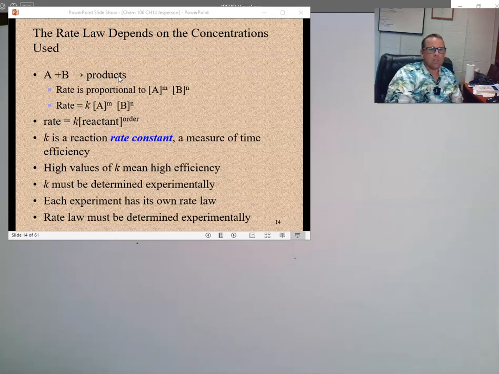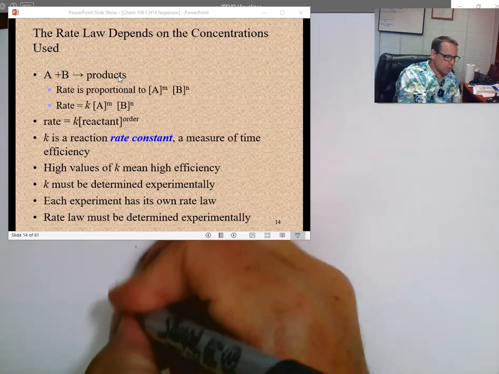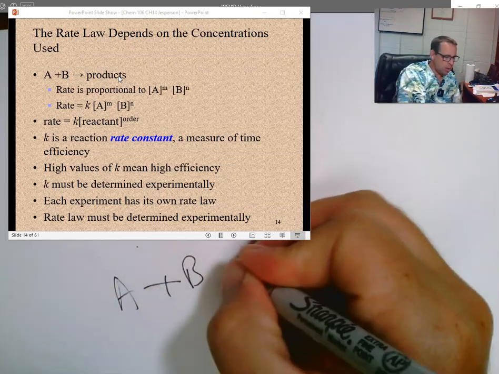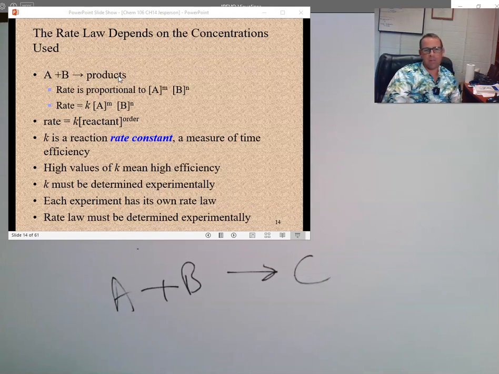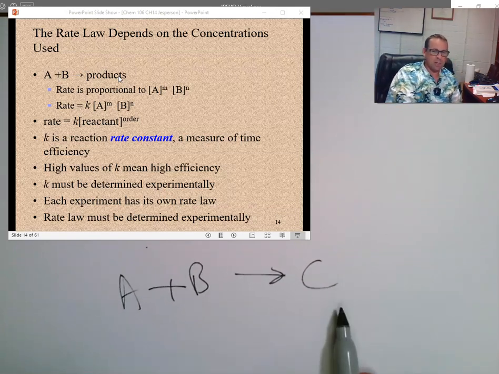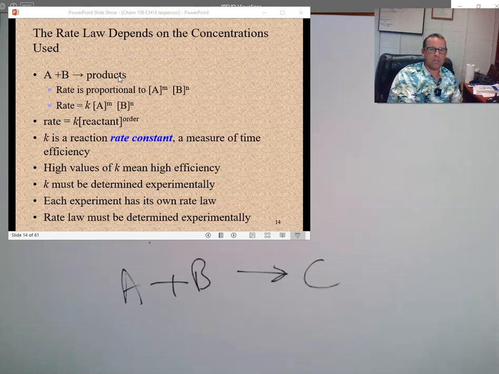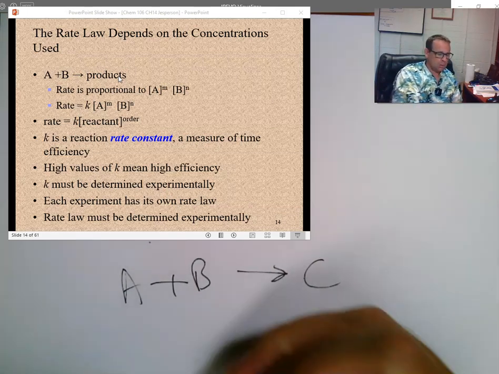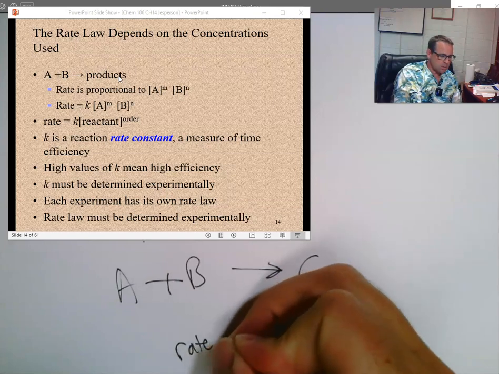Okay? So, for a given chemical reaction, I'll throw in the product just so it doesn't feel weird. But for this chemical reaction, the generic rate law is written like this.